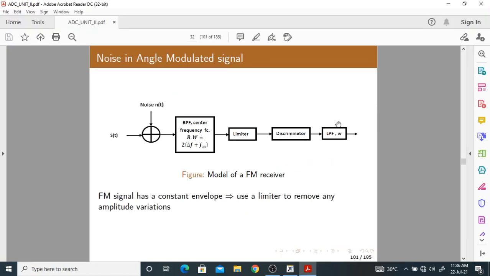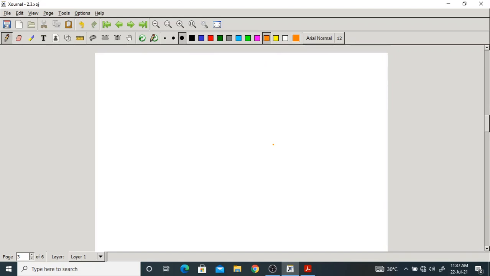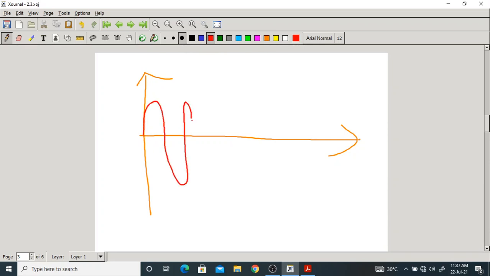The FM signal has a constant envelope, so we use a limiter to remove any amplitude variations. If you look at the FM signal, how will it be?